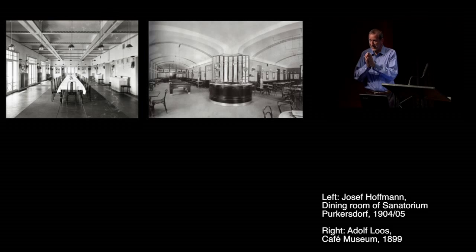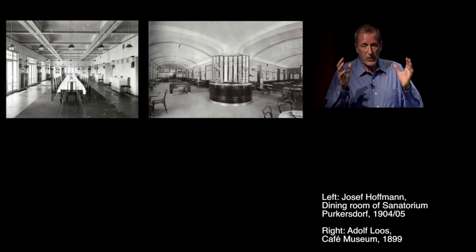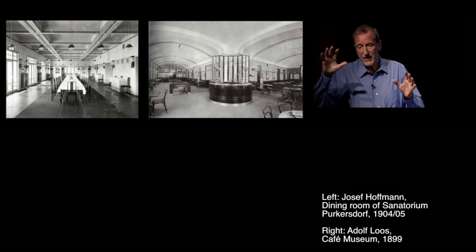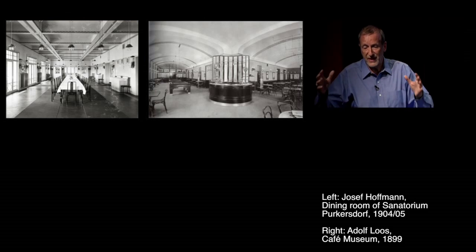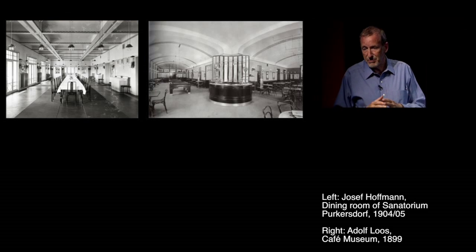So they create this entity, the Wiener Werkstätte, where they house all the different artisans they need to create the total work of art under one roof. It's based on the idea of the Guild of Handicrafts in England.